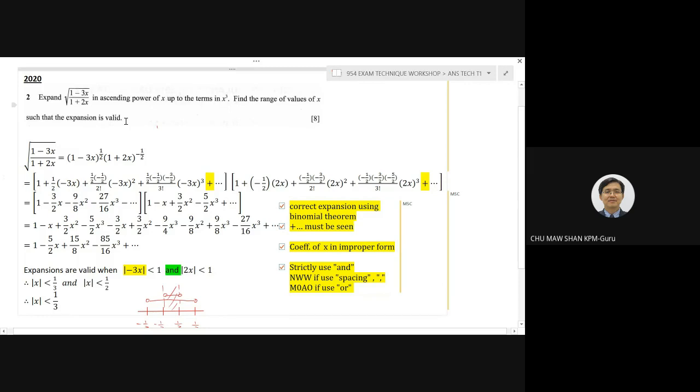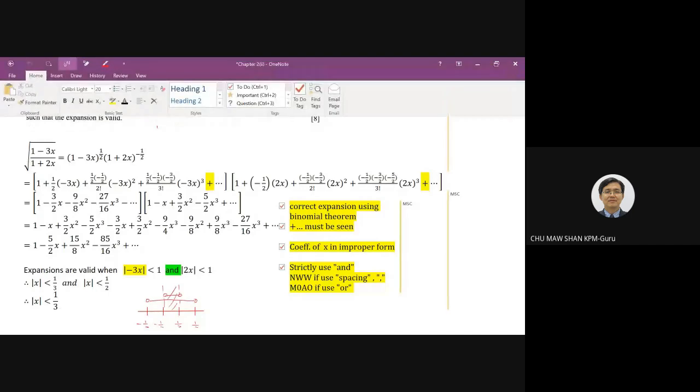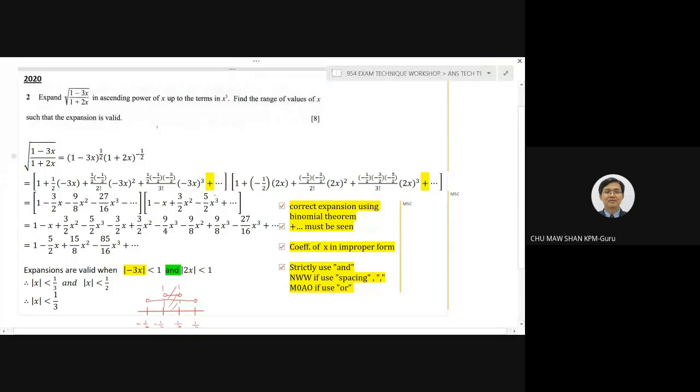Okay, when you come to binomial expansion, the important thing is this must be shown plus ellipses, because the expansion, the series is an infinite series. It's an infinite series.